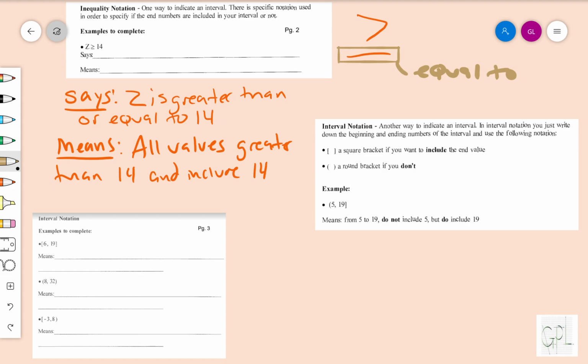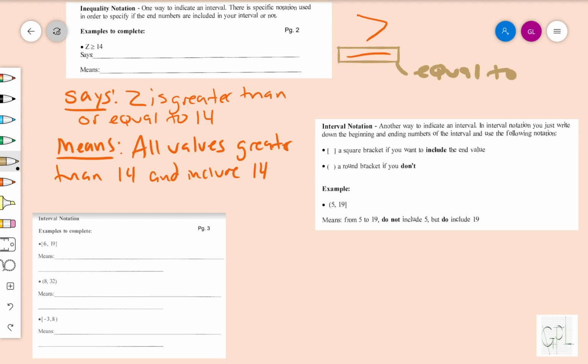Now, right at the bottom of page 2, you have a box that says interval notation. Another way to indicate an interval. In interval notation, you just write down the beginning and ending numbers of the interval and use the following notation. On the previous page, page 1, you have those 4 different examples for something that's less than or equal to, greater than, or greater than or equal to.